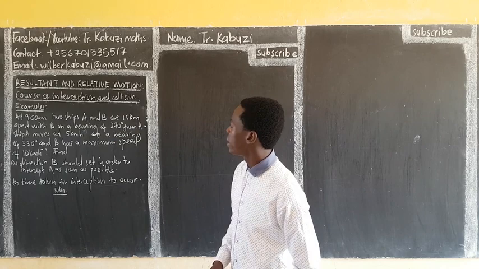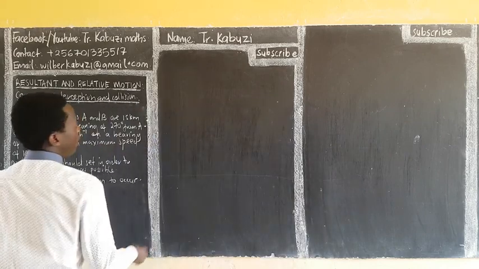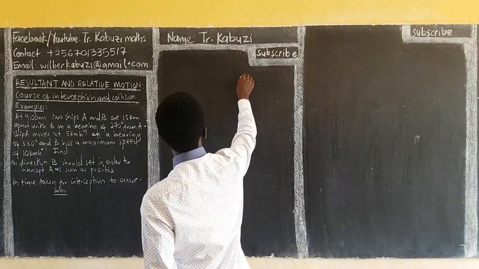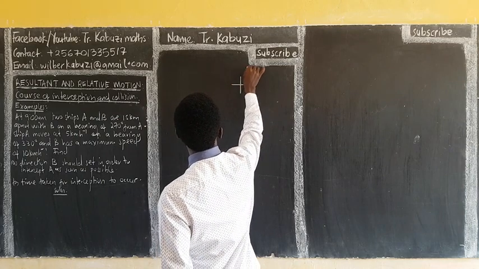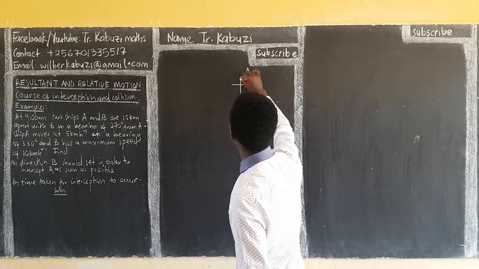So meaning we start with A. If I'm starting with A, this is my A. We know that this is going to be R270.